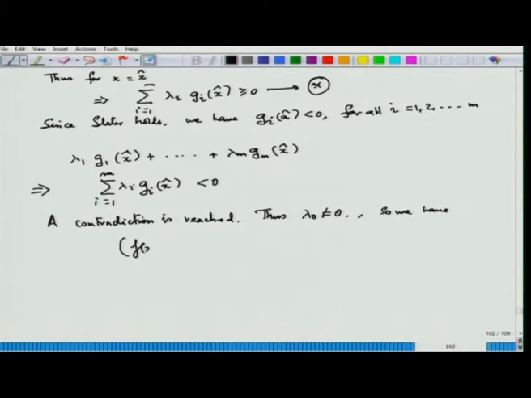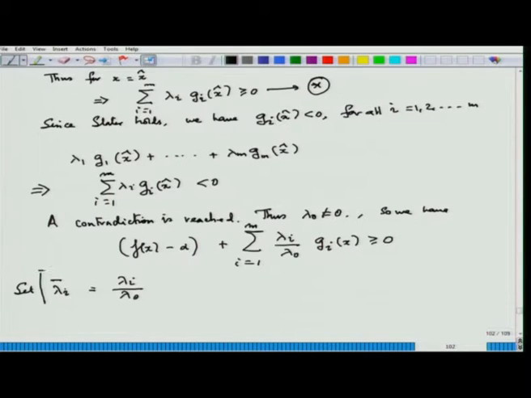f of x minus alpha plus summation lambda I by lambda naught. So, I divide both sides by lambda naught because lambda naught is positive. So, set lambda I bar equal to lambda I by lambda naught.